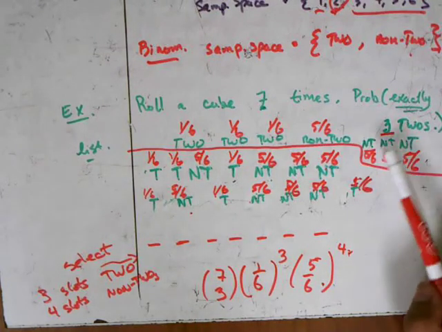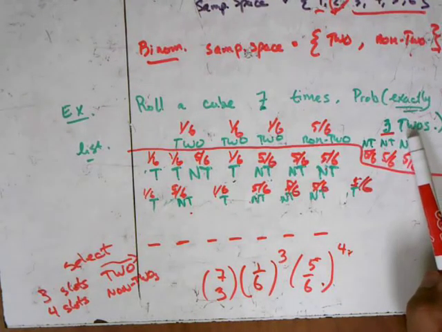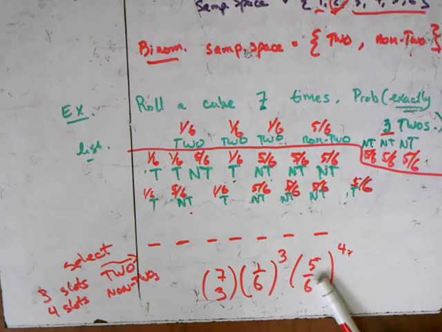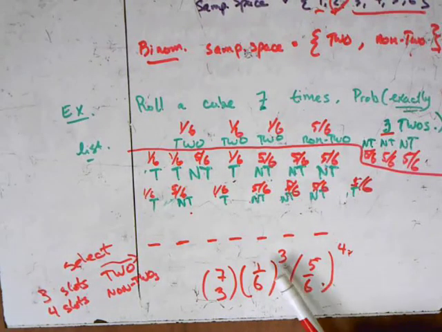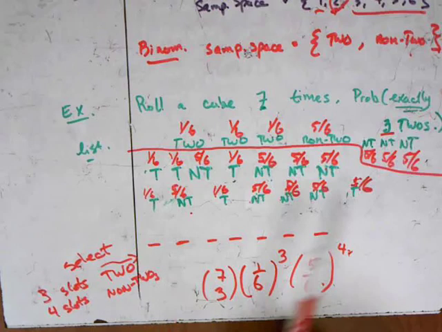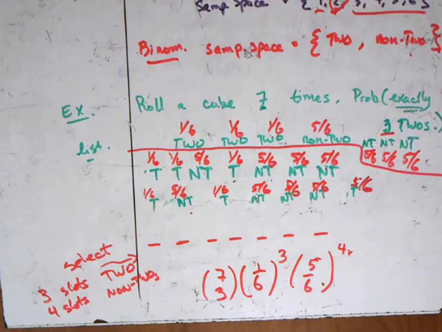And when I want 3 yeses, there have to be 4 nos. The probability of a yes is 1/6. The probability of a no is 5/6. I want 3 yeses and 4 nos, and it doesn't matter what order the yeses or the nos happen in. So there are 7 choose 3 different ways for me to organize that.